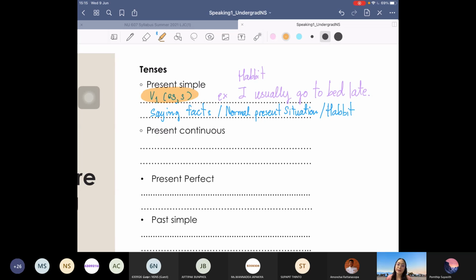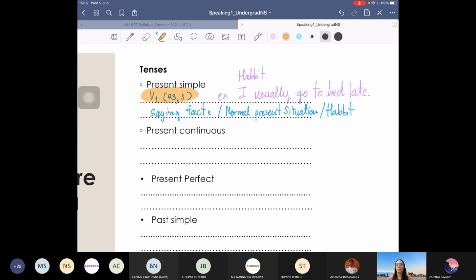Something very important when you have to choose which tense to use is that you should consider the time of the event that you are talking about. So if you're talking about the present, you should use the present tense, right?